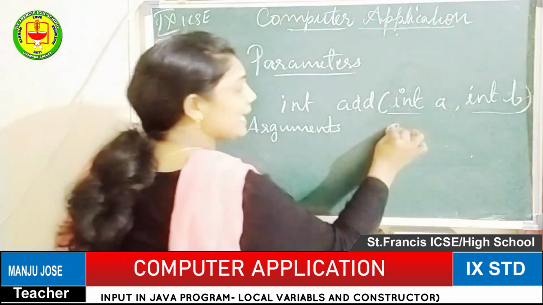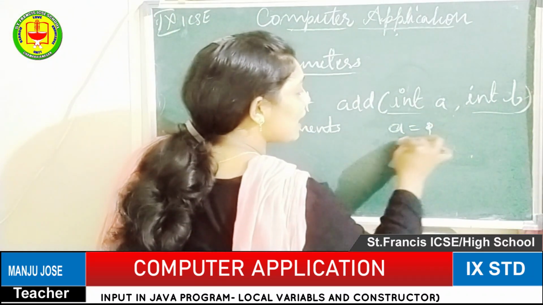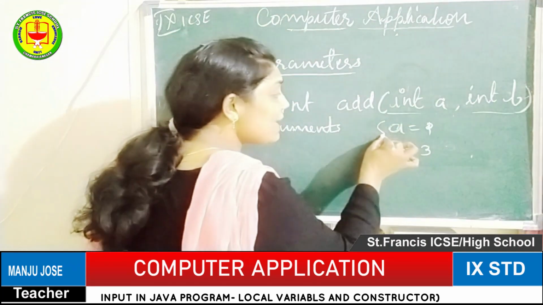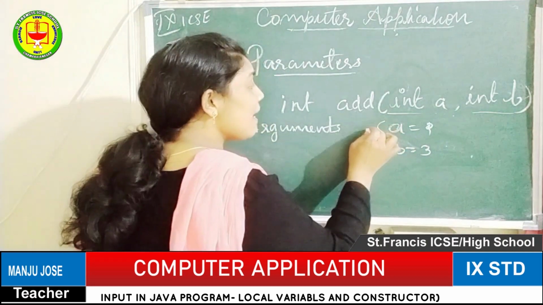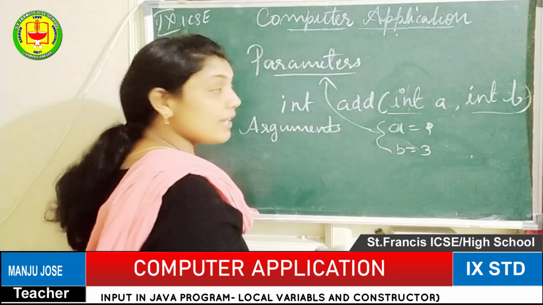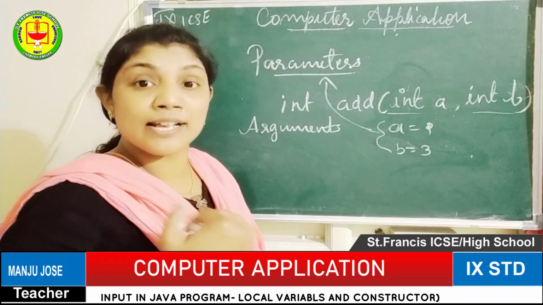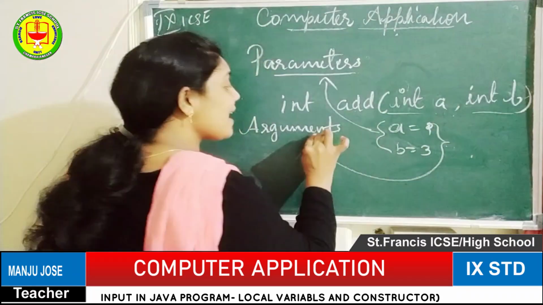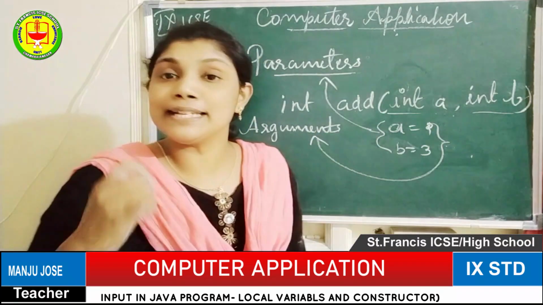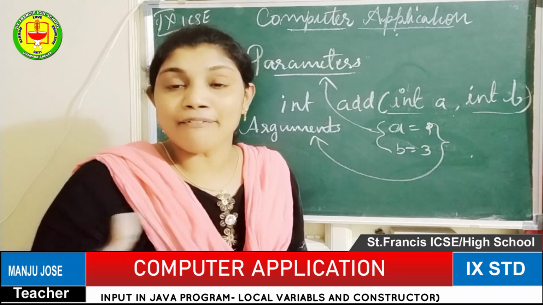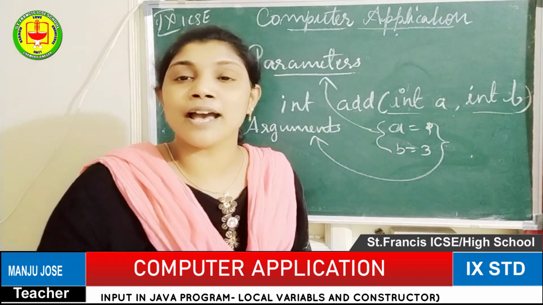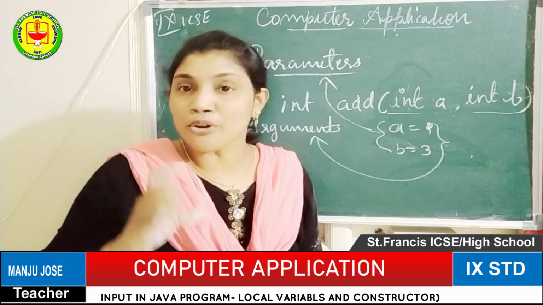For example, I have given a equal to 2 and b equal to 3. Here a and b we consider as parameters. The values we have assigned to the given variables, these two, are called arguments. That's why, from the beginning, I said both have some relation, but both are not equal. Parameters and arguments, so don't forget it.